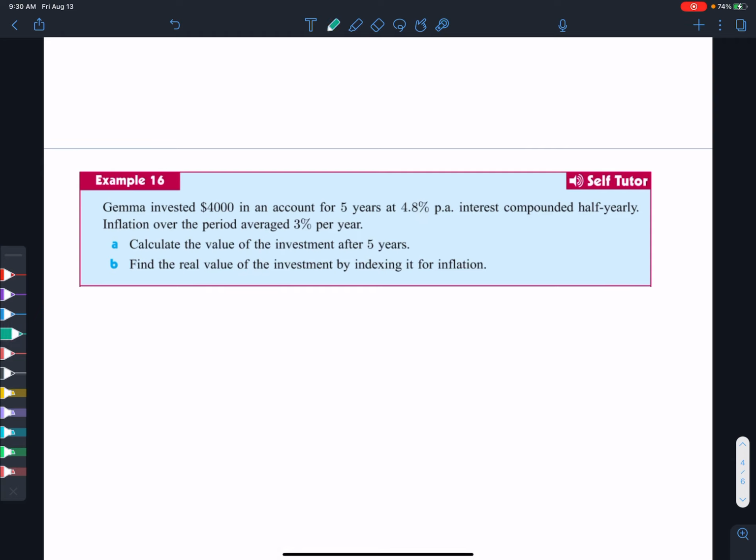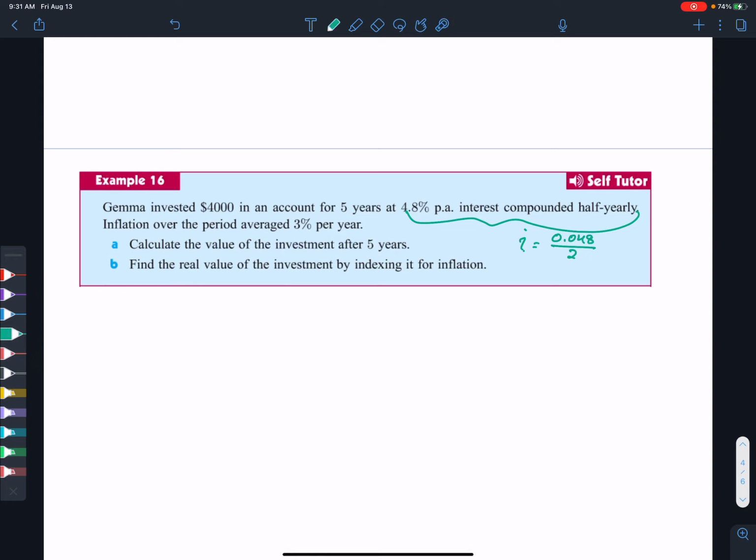All right, so first thing we need to do is think about compounding this half yearly. Using the colors from the previous video, the i for calculating the compound interest is 0.048 divided by 2, because this is happening per year and we're doing it 2 times per year.